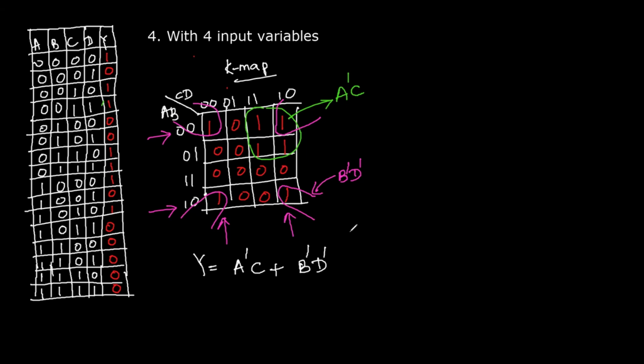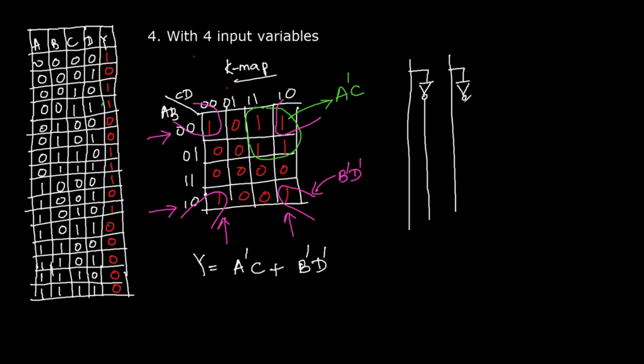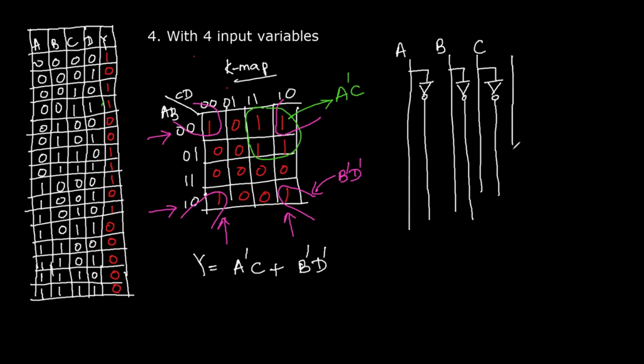How do we come up with the combinational logic circuit for this? Very easy. We just have to draw out the possible input variables, which is A, B, C, and D. And now we just have 2 combinations, you can see.